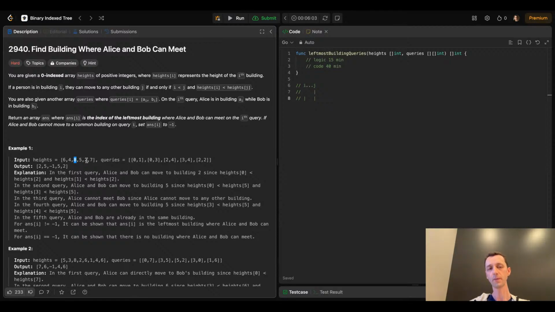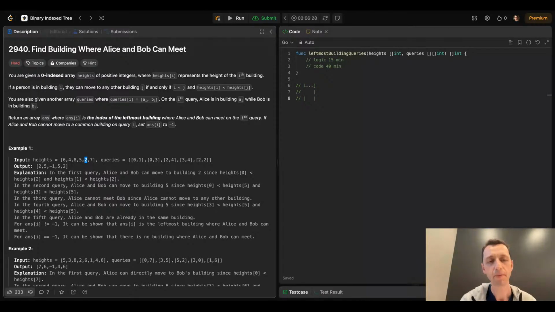There is no building bigger than 8. Bob can move, but Bob is already in that building.